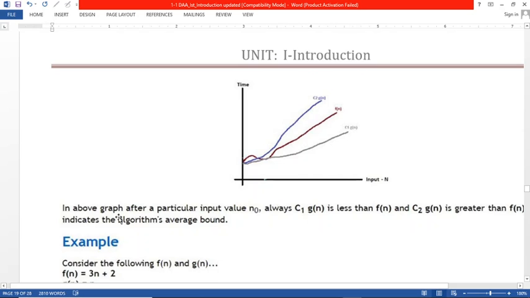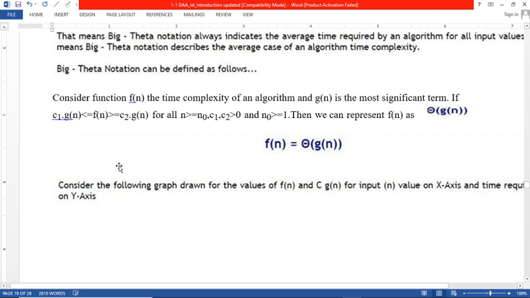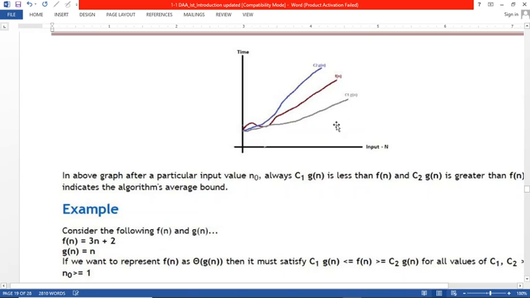Okay, in the above graph, after a particular input value n0, always c1 times g of n is less than f of n, and c2 times g of n is greater than f of n. So here it is less than c2 times g of n, because c1 is lesser than c2.